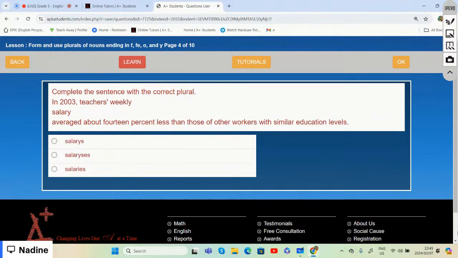All right, and if we were to choose the correct option, then yes, salaries, which is option three.